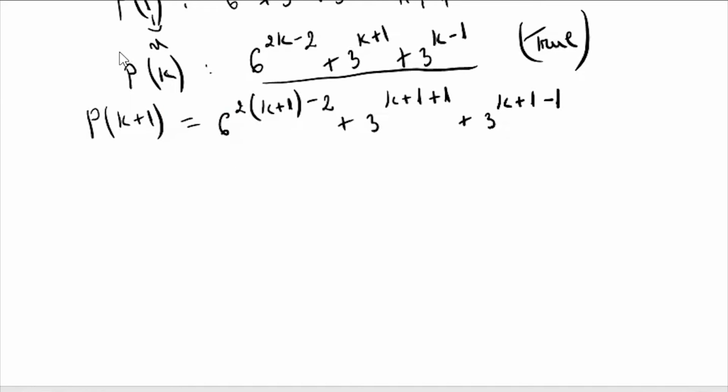So in this case, we have 6 to the power of 2k plus 3 to the power of k plus 2 plus 3 to the power of k.